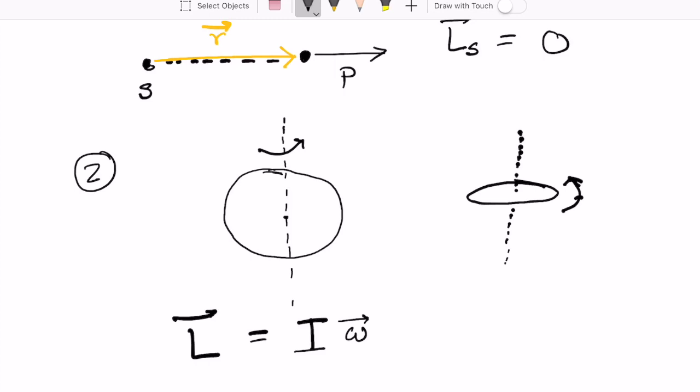Mass measures inertia. In the rotational world, what is the analog of mass? It's I, and what is the analog of velocity? It's omega. So L equals I omega is analogous to the formula for linear momentum. Okay, so this is how you calculate the angular momentum of an object that's spinning about an axis of symmetry. And as such, this particular angular momentum is called the spin angular momentum.